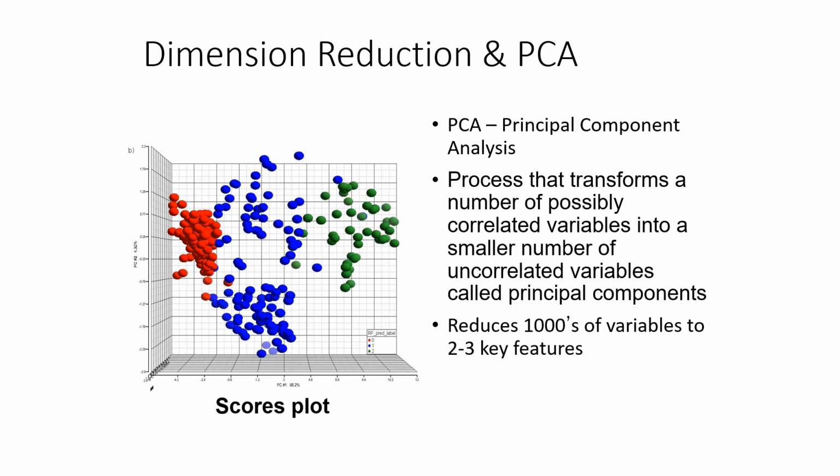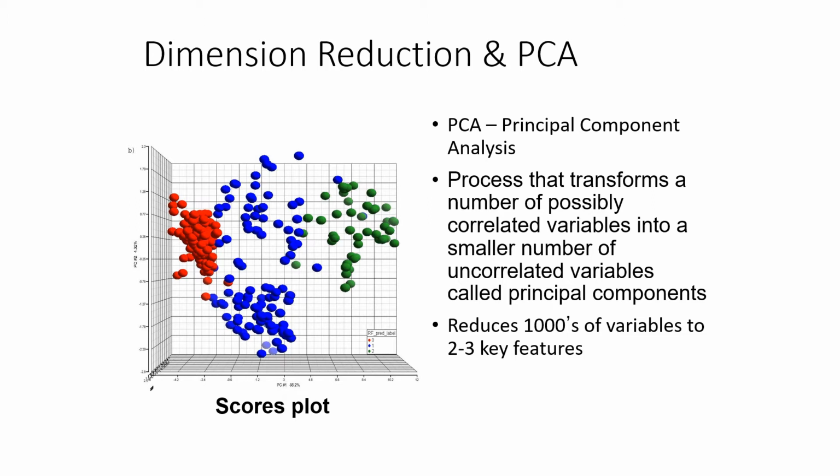By taking 50 correlated variables and getting 2 uncorrelated variables, these are called principal components. So you can reduce tens, hundreds, or thousands of variables to basically 2 or 3 key features. That's shown on the left here, where we're showing a plot of metabolomics data for several hundred patients.